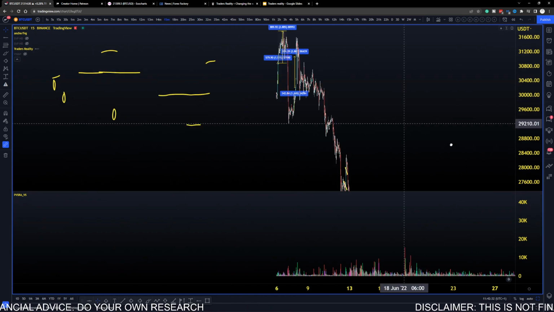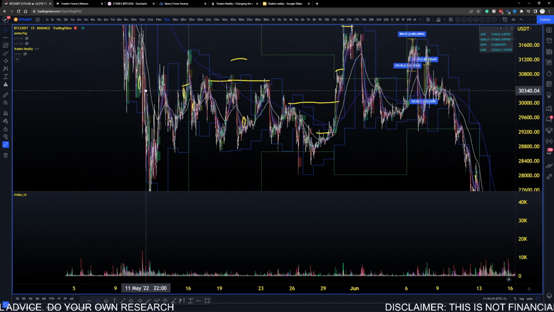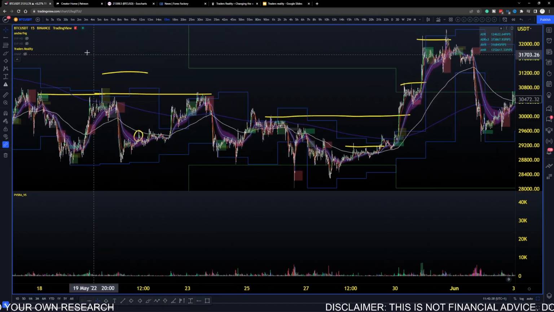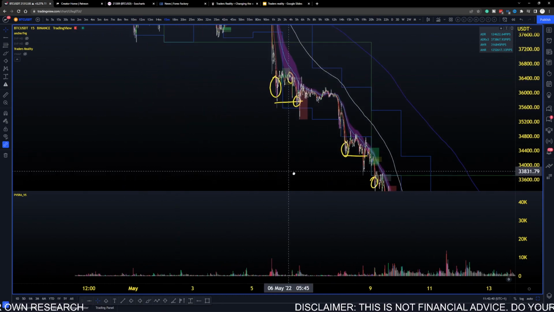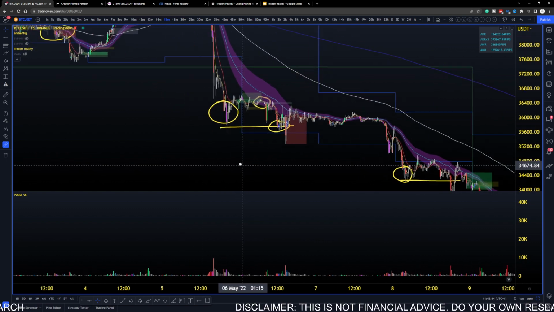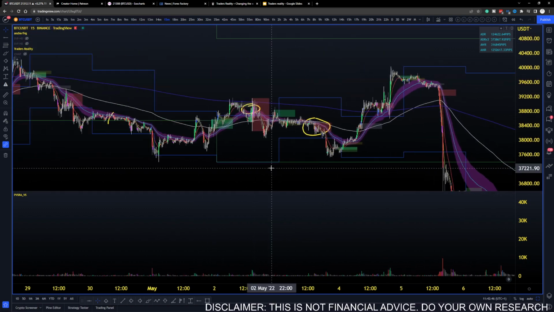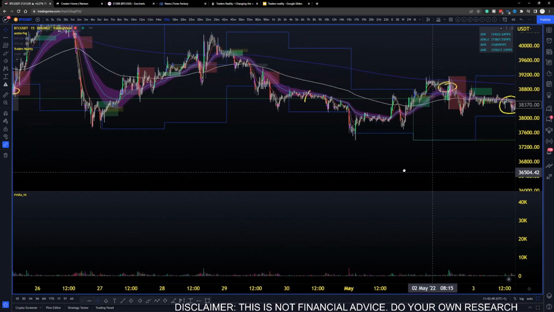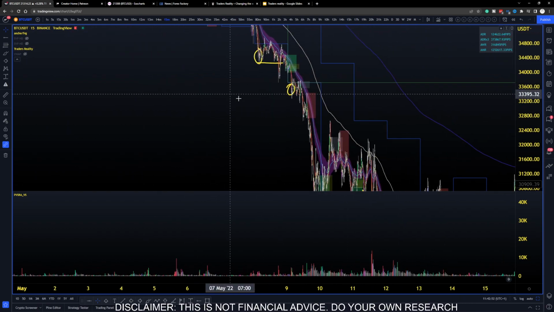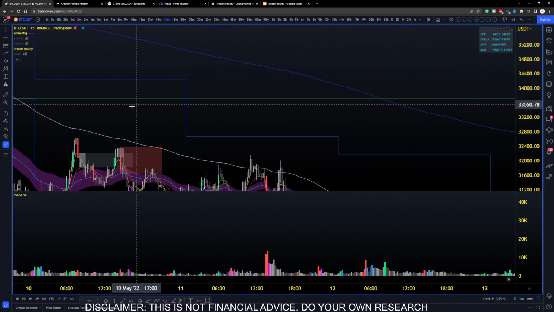Okay then. Maybe not. There we go. June. Fifth of May, there's one wick right there. Not the wick that I wanted. I said the 5th of June, didn't I? Yes. There we go.